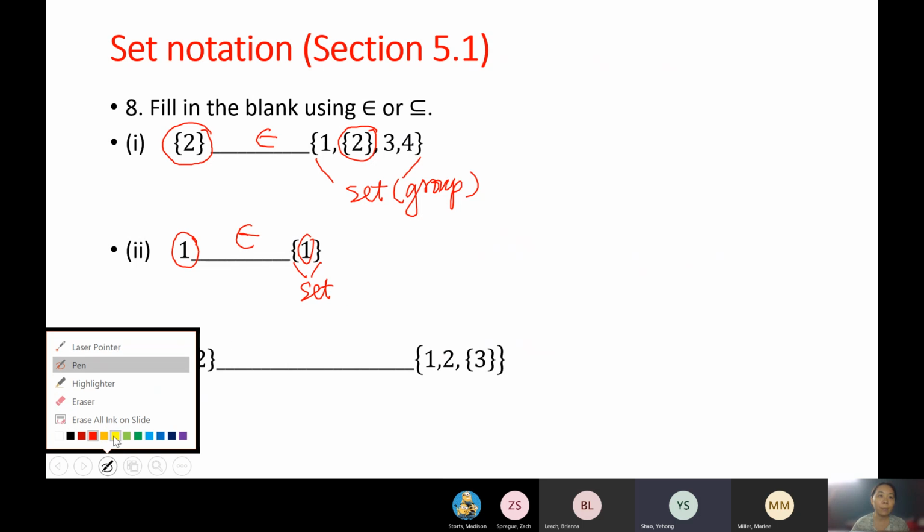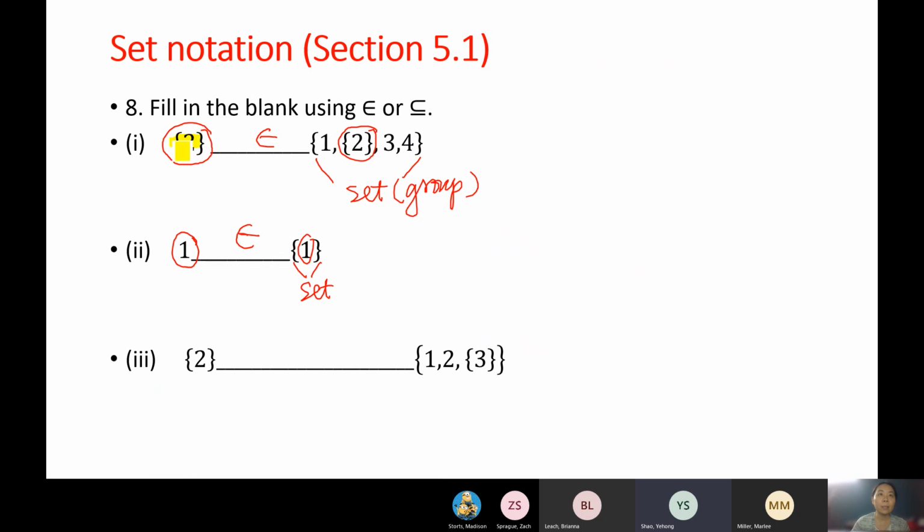So let me highlight, oops, did the wrong thing. If I highlight it, the entire thing, including curly brackets, is inside of another pair of curly brackets, so that's belongs to. The entire thing, this time I don't have curly brackets, but the entire thing is in there, so it belongs to. But in this case, it's not the entire thing. Notice that I don't have curly brackets around it. Only the inside is the inside, okay? So notice that on the left-hand side, 2 is inside a pair of curly brackets, and this 2 is also inside curly brackets.